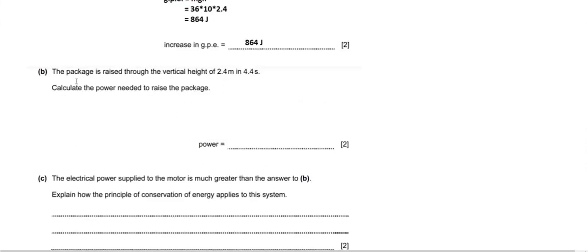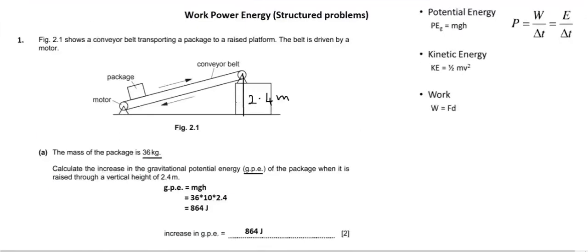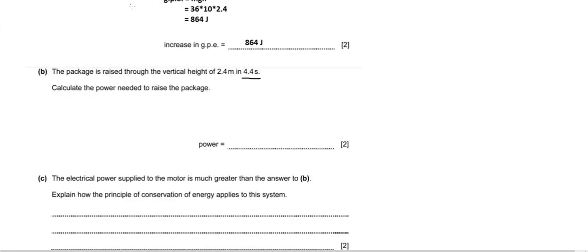Now question B: the package is raised through the vertical height of 2.4 meter in 4.4 seconds. Here additionally the time is also given. Calculate the power needed to raise the package. So we are going to use the work-power formula. Power is nothing but work by time or the energy by time. So power is equal to energy divided by time.